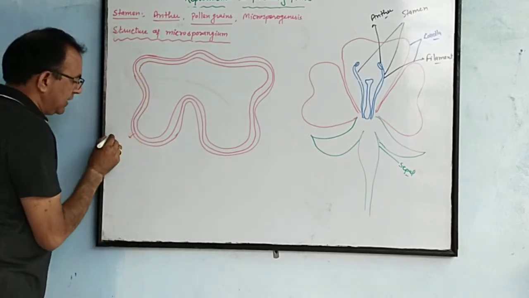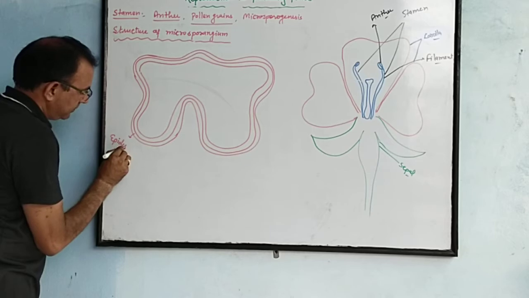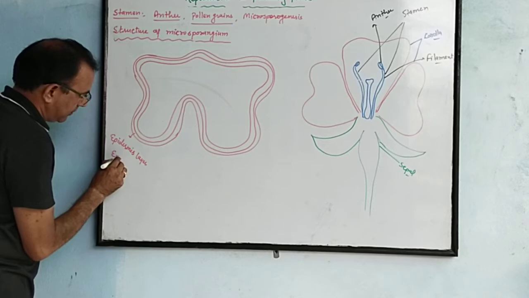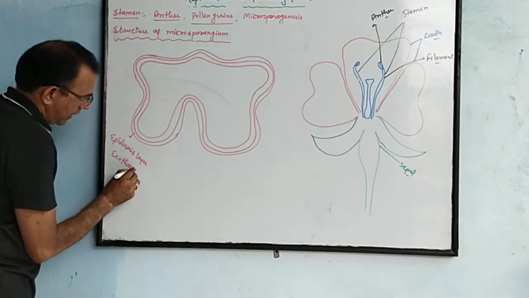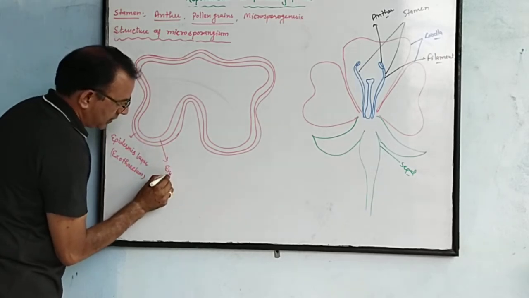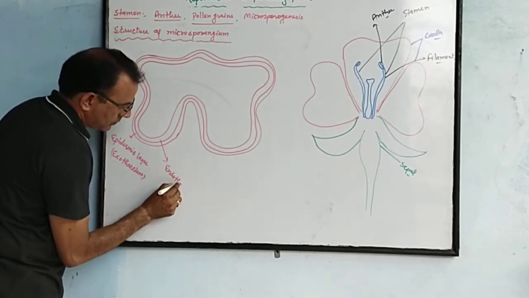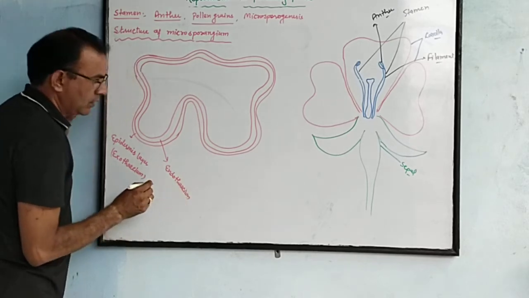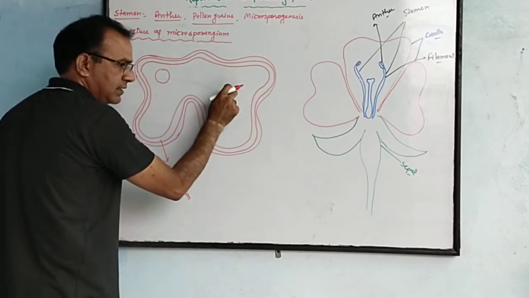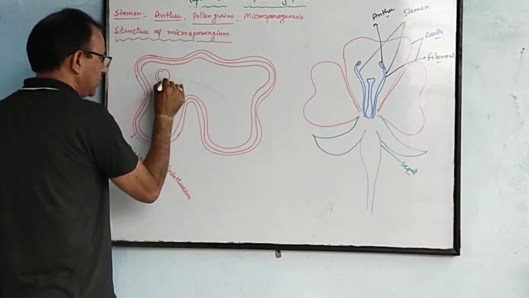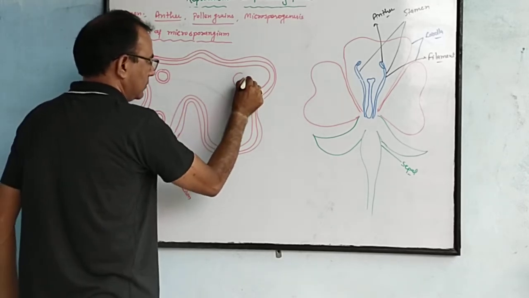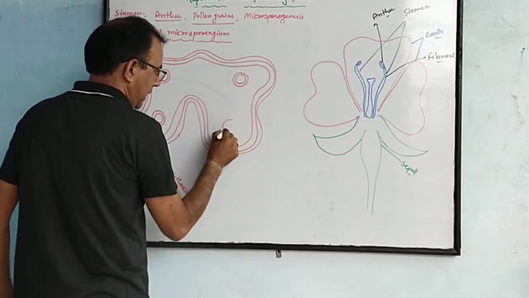The outermost layer is known as the epidermis layer, or you can also say exothecium. The second layer is known as endothecium. Each lobe, one lobe and that is the second lobe, consists of two pollen sacs. This is the pollen sac, tetrad structure.